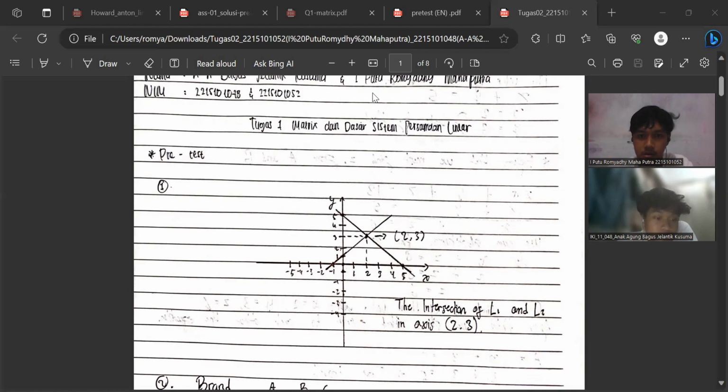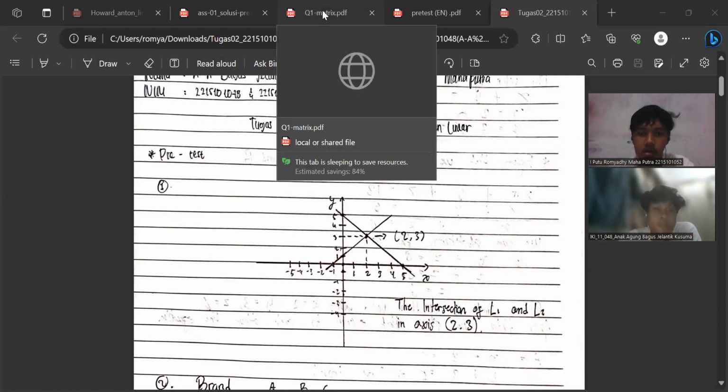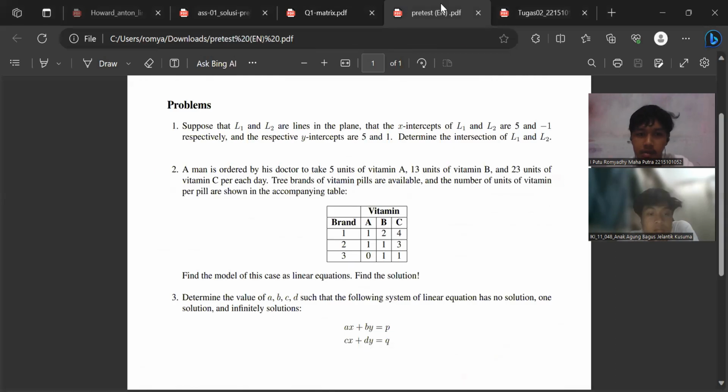Here, we have a question: suppose that L1 and L2 are lines in the plane, where x in L1 and L2 is 5 and -1, and y is 5 and 1.